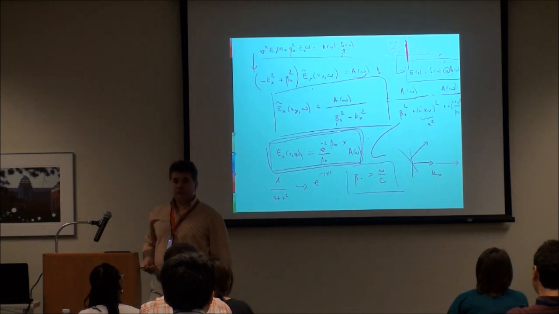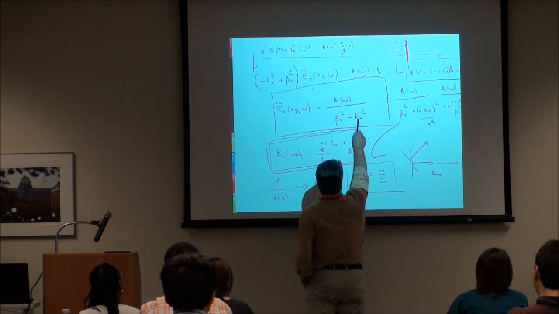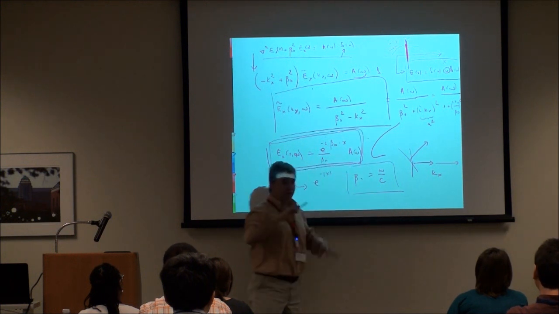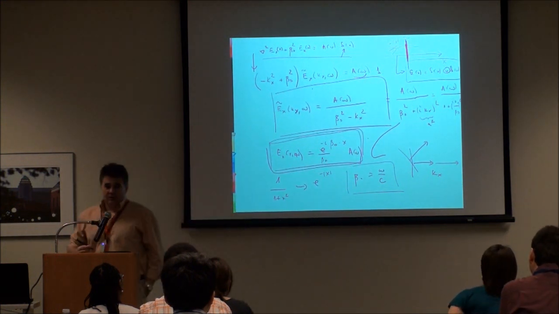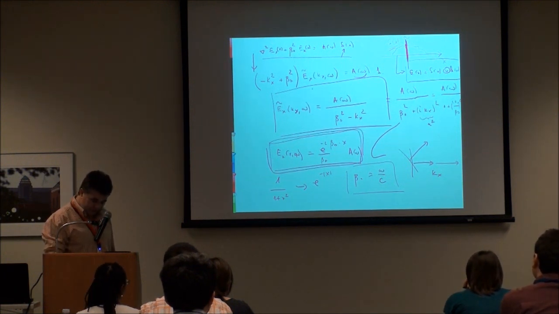And there are other ways to do it, or just look in the table. One way to think of it is that this is kind of a Lorentzian. If you put this kx as, you put the i inside. So when you write the exponential, the Fourier transform of this Lorentzian gives you an exponential that also has i in it. So we simply got something that looks like this.